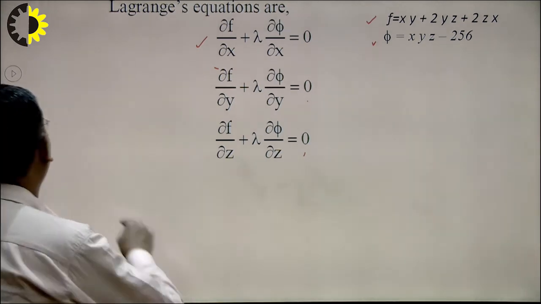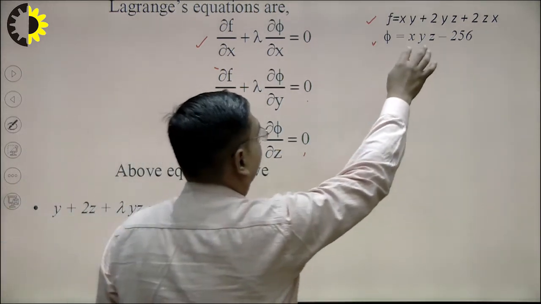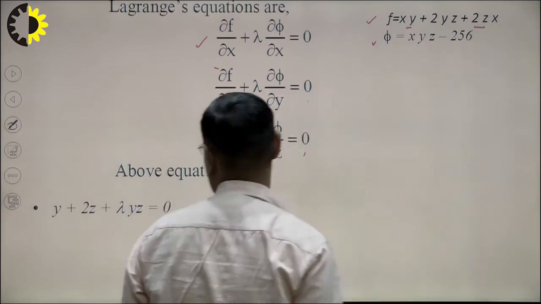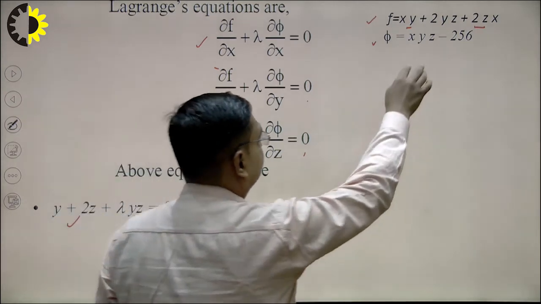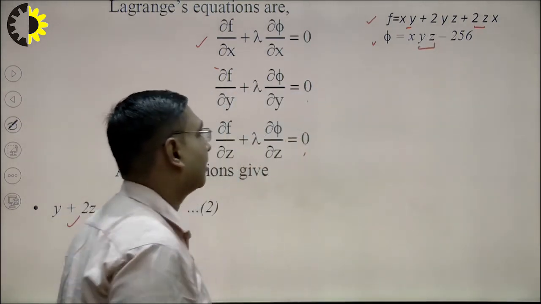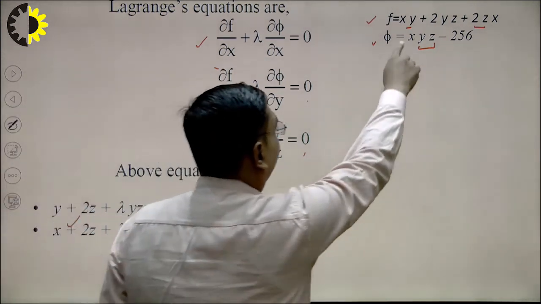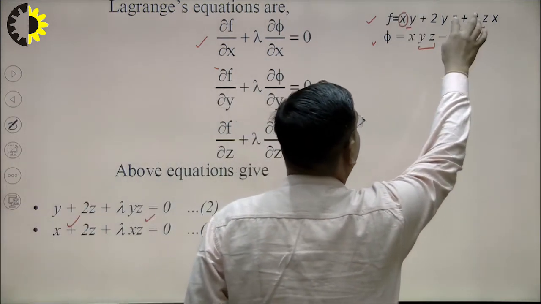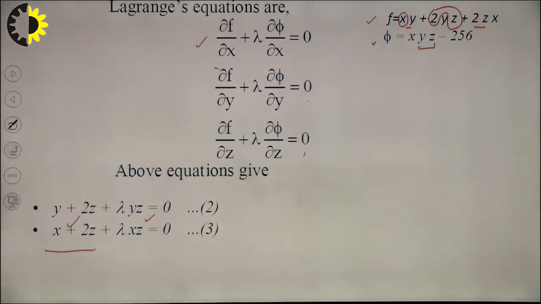Partial derivatives required here will be calculated from these f and phi. Del f over del x from this equation will be y plus 2z written here. Del phi over del x calculated from here will be simply yz. So, this equation gives y plus 2z plus lambda yz equal to 0. Similarly, del f over del y will be x plus 2z written here.